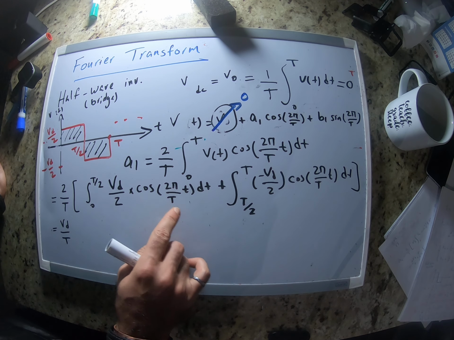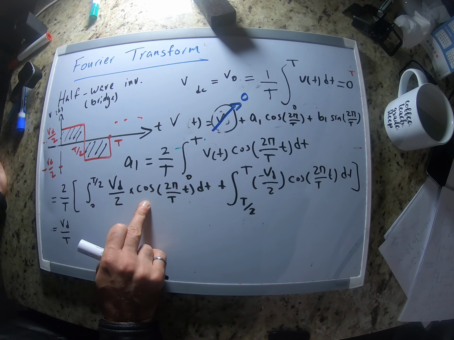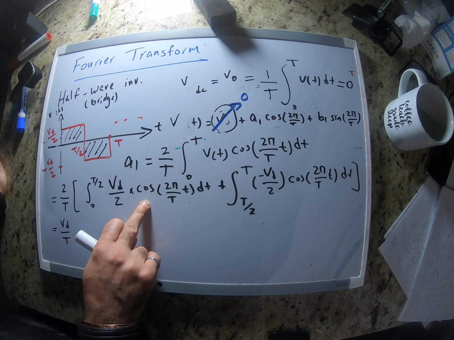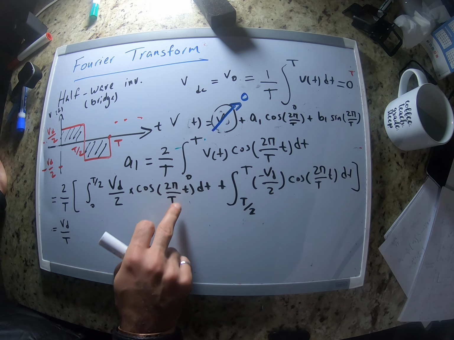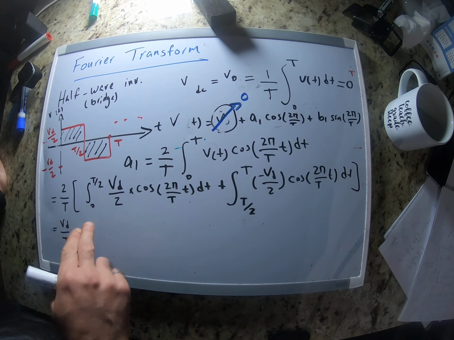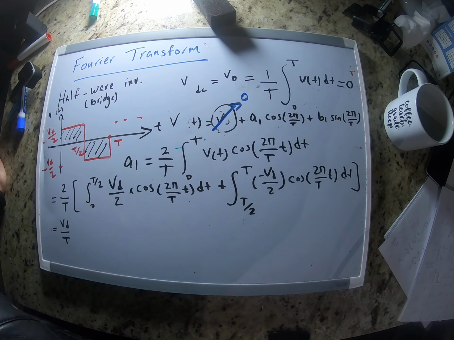Now if we take this out, then we just have to take the integral of a cosine, right? The integral of cosine is sine, right? This coefficient gets reversed and inverted and it comes out.